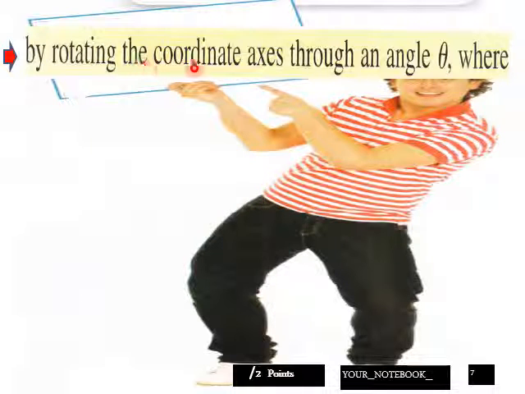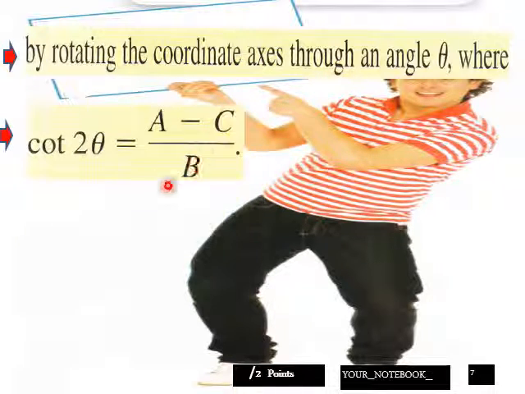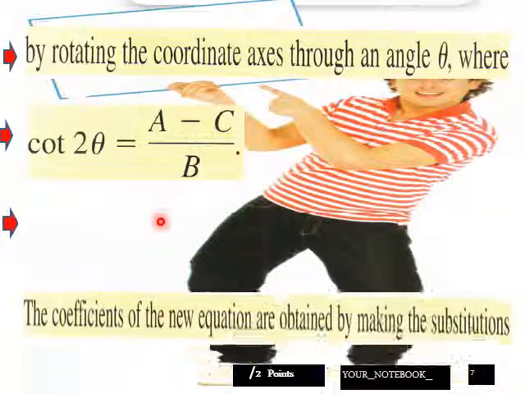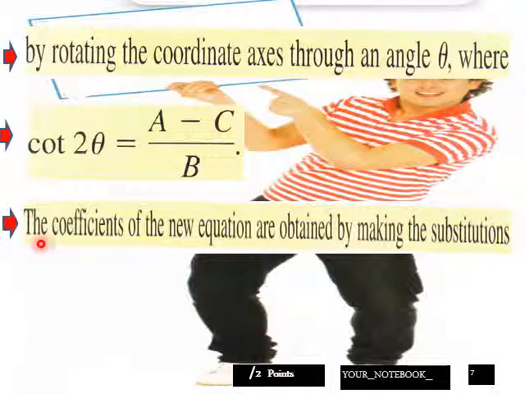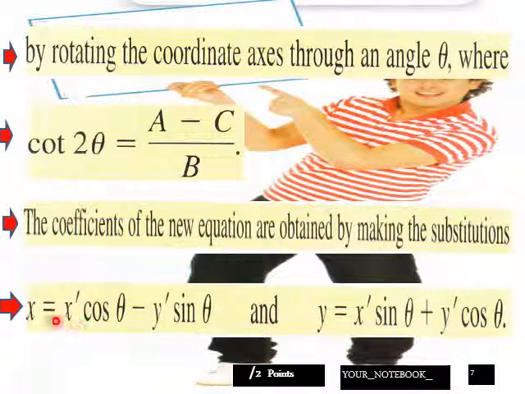By rotating the coordinate axes through an angle theta, where cotangent 2 theta would equal a minus c over b. So now we can turn it into a trigonometric kind of situation. The coefficients of the new equation are obtained by making the substitutions x equals x prime cosine theta minus y prime sine theta, and y would equal x prime sine theta plus y prime cosine theta.